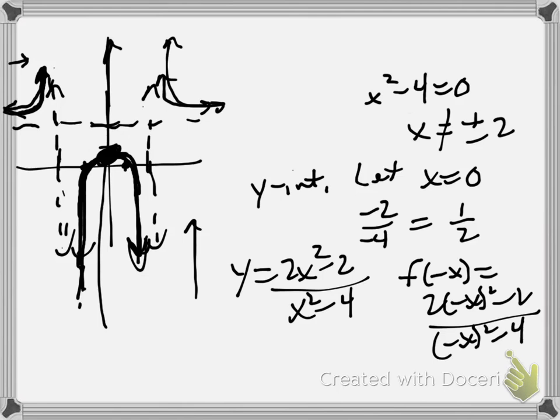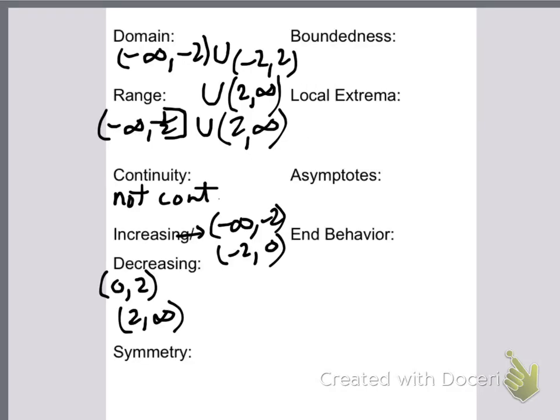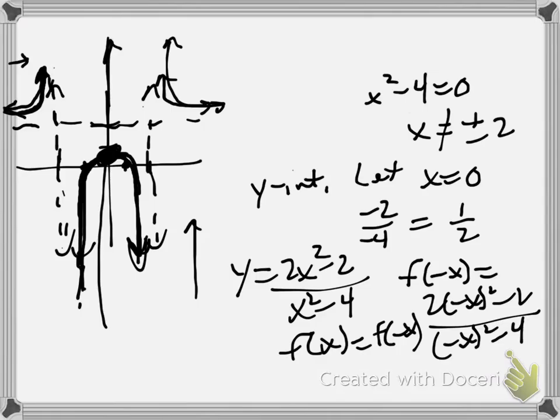Well, negative x squared is x squared. So f of x is going to wind up equaling f of negative x, which means this is an even function. It's not bounded.